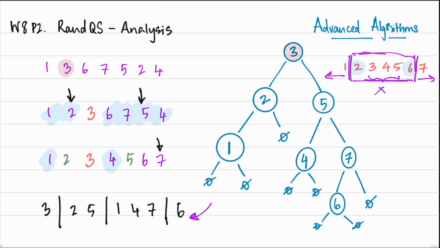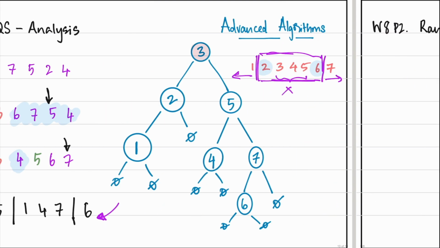And notice that because all of our pivot choices are made uniformly at random, each of these permutations is equally likely to show up, and in particular, both 2 and 6 have as good a chance of being the first chosen pivot in this range of elements as any of the other elements do, right? So basically what we are interested in is the event of the first chosen pivot from the elements in this range. So let me write this out.